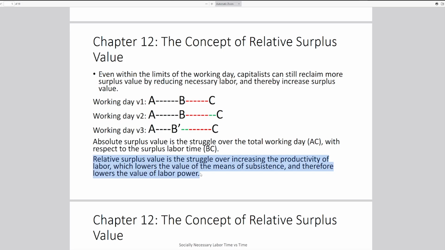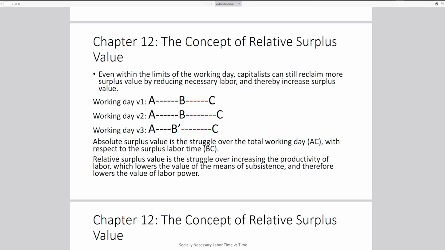So what Marx is doing here is acknowledging that if this starts happening on a large scale, then from the capitalist's perspective, the amount of necessary labor time, in other words, how much you need to pay your workers for them to be able to afford the stuff they need, is actually decreasing as your technology gets better.